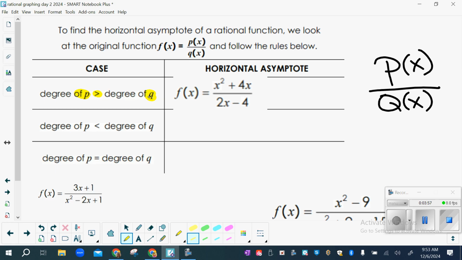And remember when we did polynomials, that's the biggest exponent in the front. That guy is a 2. That guy right here is a 1. So guess what? The top guy is the tough guy. The way I think about it, he is the bigger guy, right? He's tougher. And the guy on the bottom is the little guy.